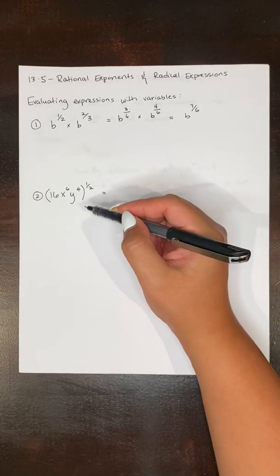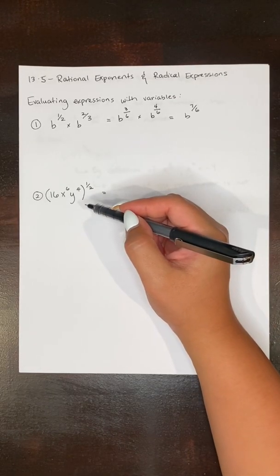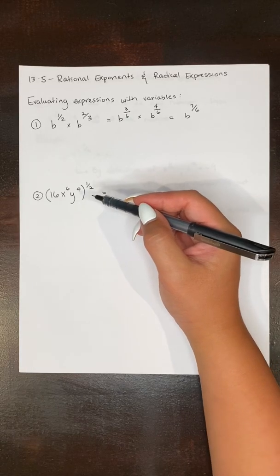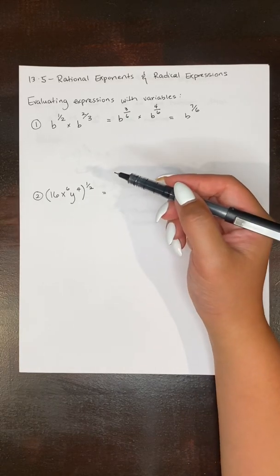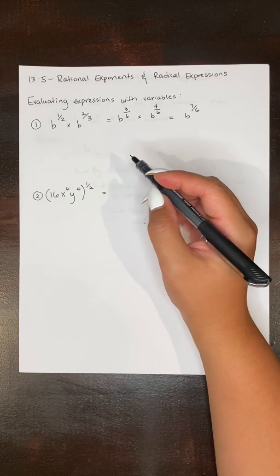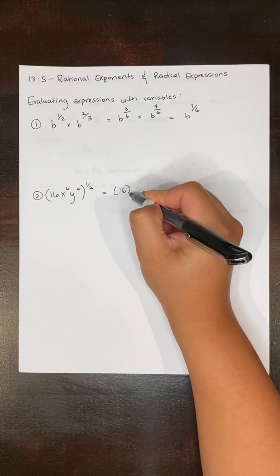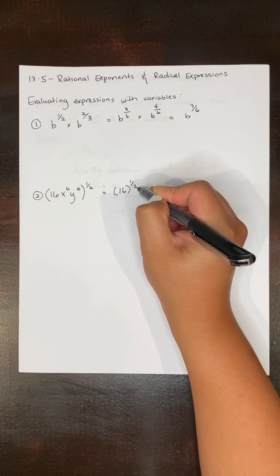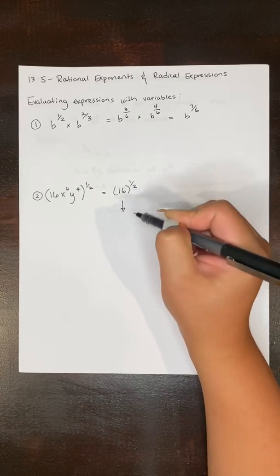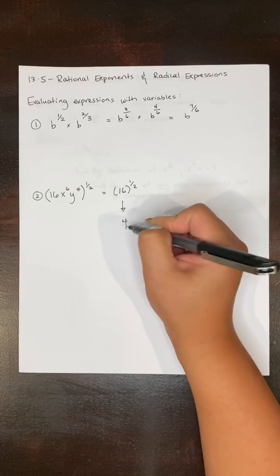In this second example, we can separate the terms and apply the exponents separately. First, we can take the 1/2 power or square root of 16, which comes to 4.